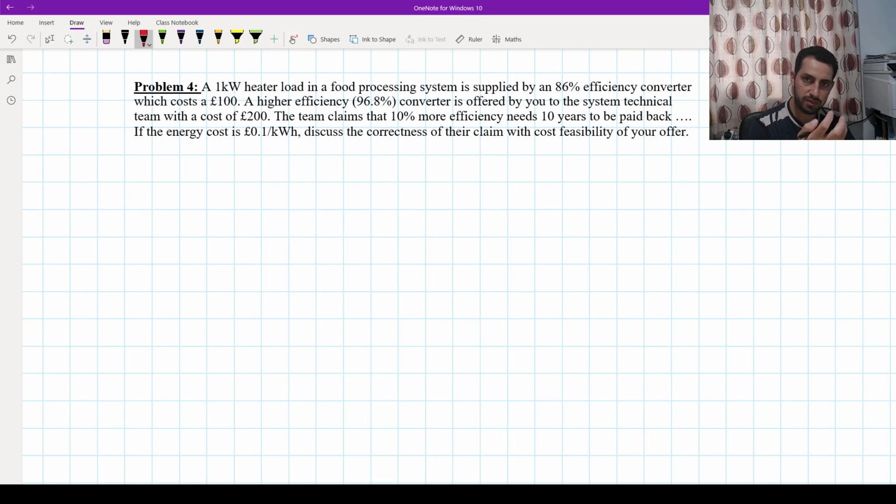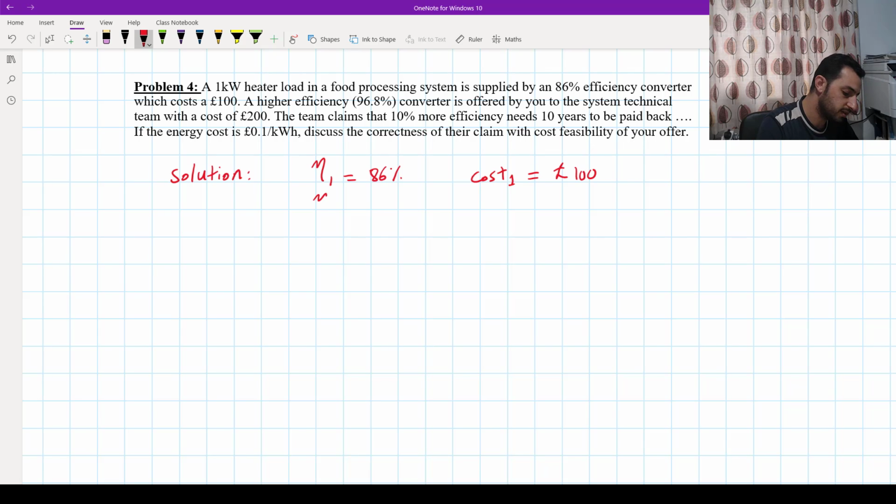So now let's take this information and translate that to some symbols and numbers. So the solution here: the efficiency of the first converter equals 86%, and the cost for the first converter equals £100.